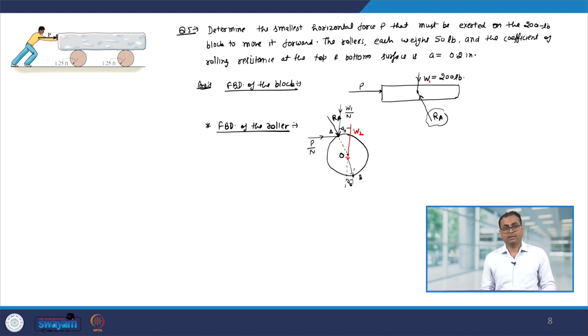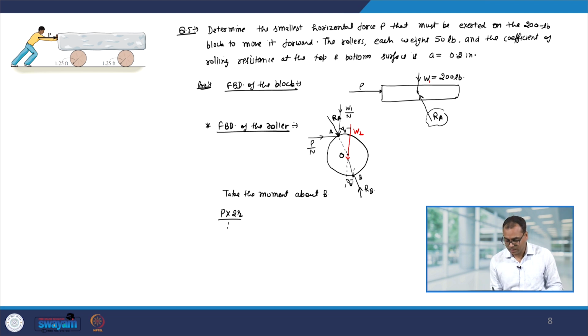So, everything is in dynamic equilibrium, therefore, we can take the moment about B. So, we have P into 2r, because the distance is r plus r equal to 2r, divided by N, equal to weight W1 into (AA plus AB) divided by N, plus W2 into AB.